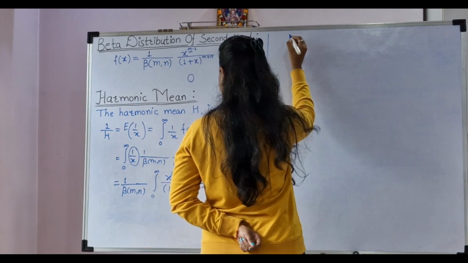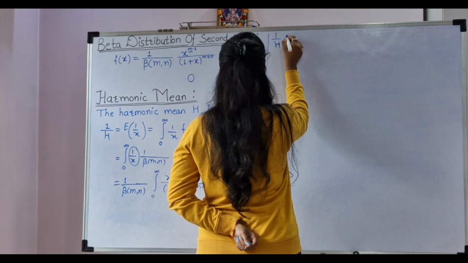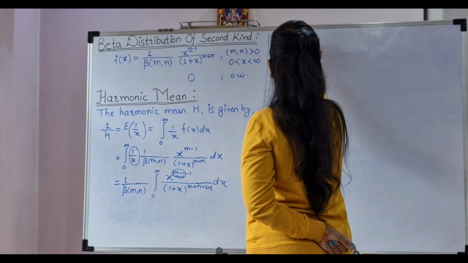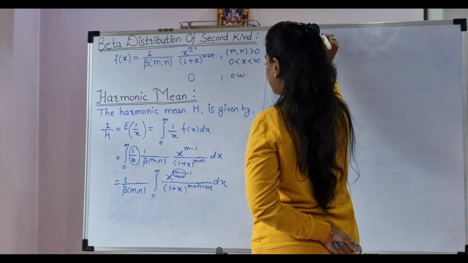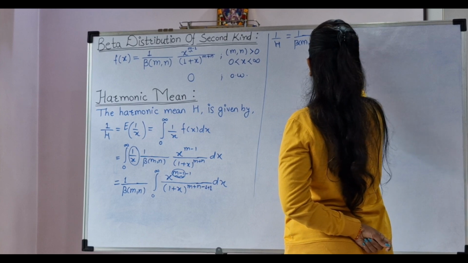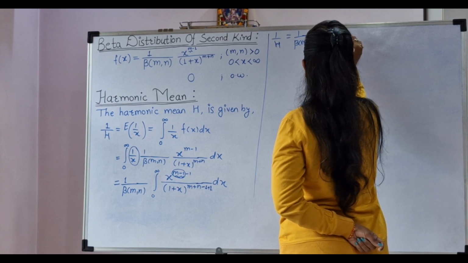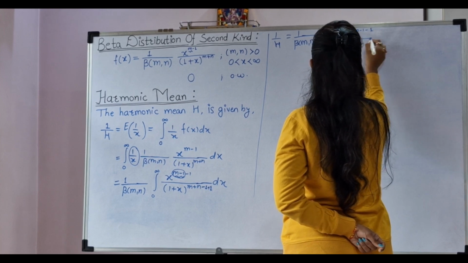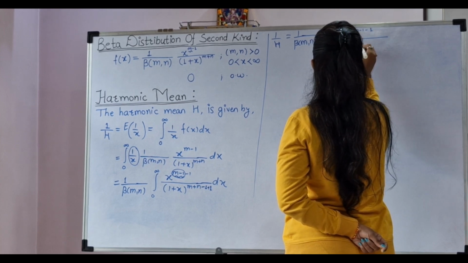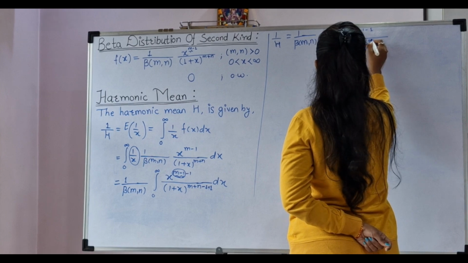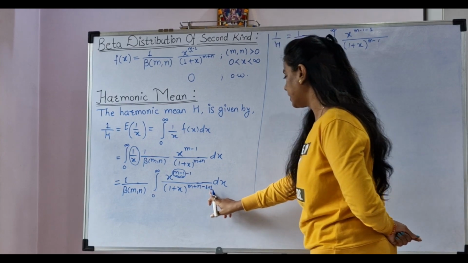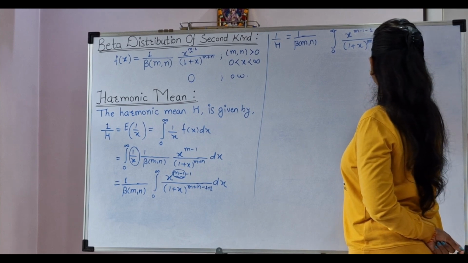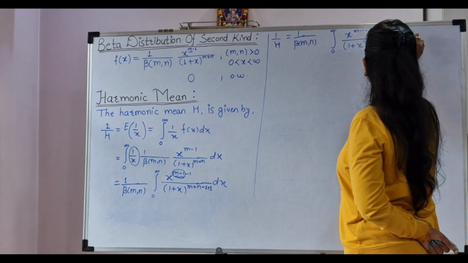So let's write this down again. We will get 1 upon h equals 1 upon beta(m,n) into integration 0 to infinity x to the power m minus 2 divided by 1 plus x to the power m minus 1, so of course with n we will get n plus 1, dx.